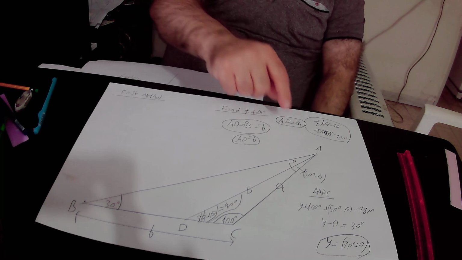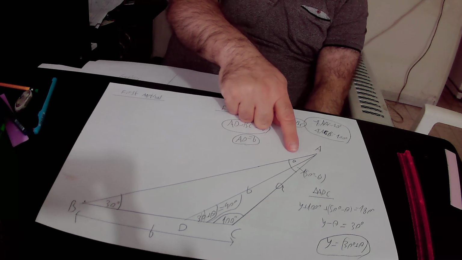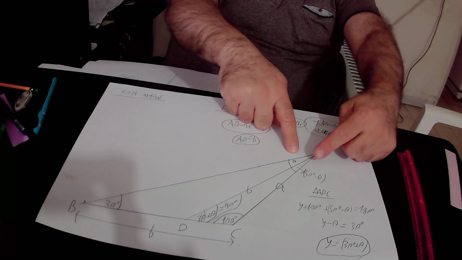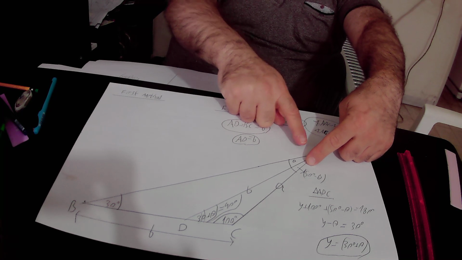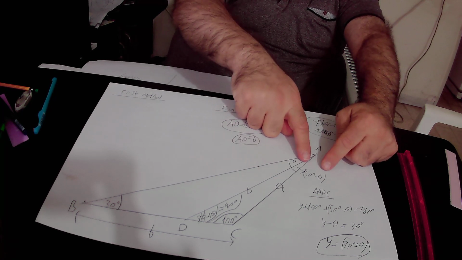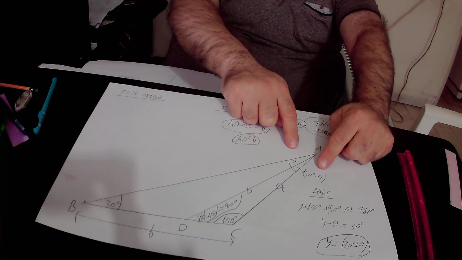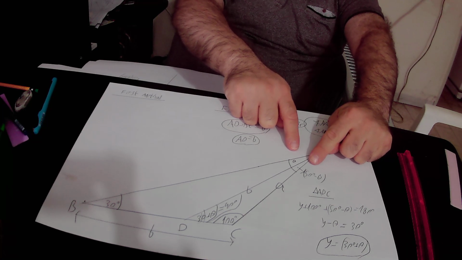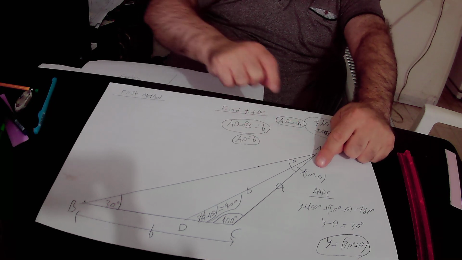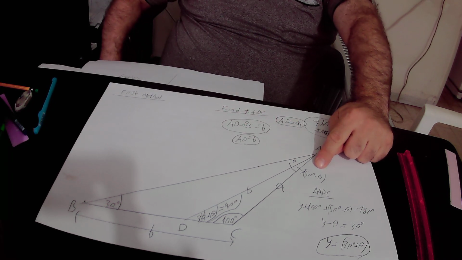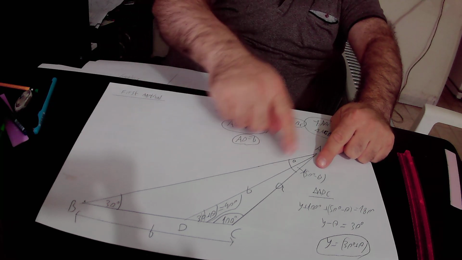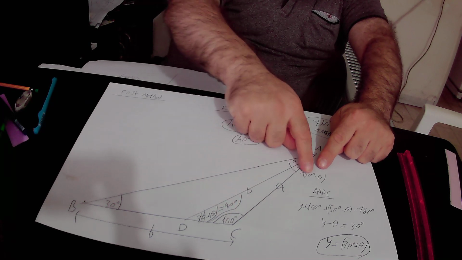So if we define angle BAD as theta, then the rest, that is angle DAC, will be equal to 50 degrees minus theta, because the sum of those two angles must be equal to 50 degrees. So we found out that angle DAC equals 50 degrees minus theta.